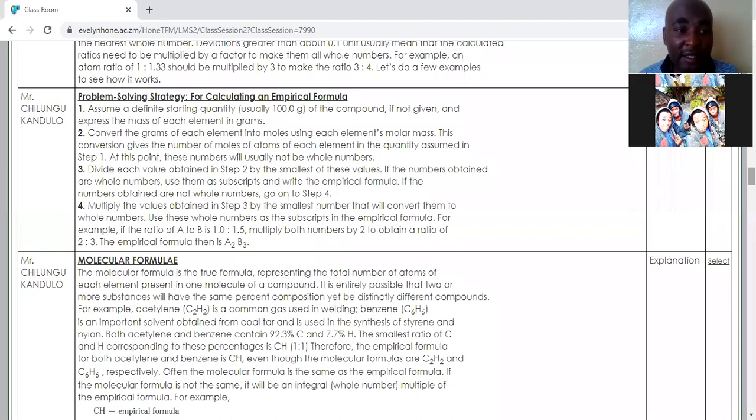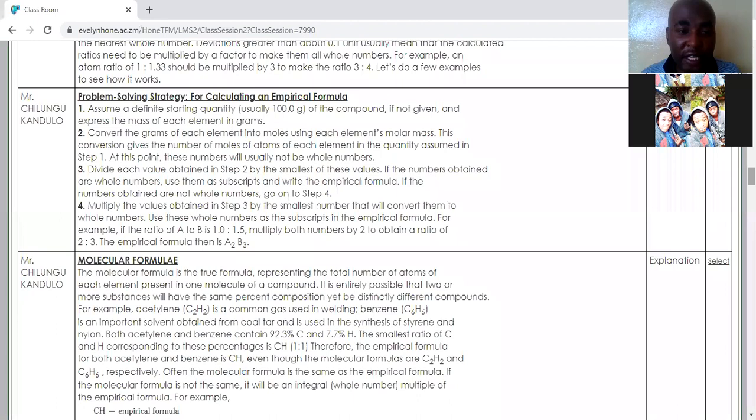The idea next is to convert each percent: the percent that you've been given, you divide it by the molar mass to get the moles. Then you divide each mole value by the smallest, so that you can get them in small number ratios.